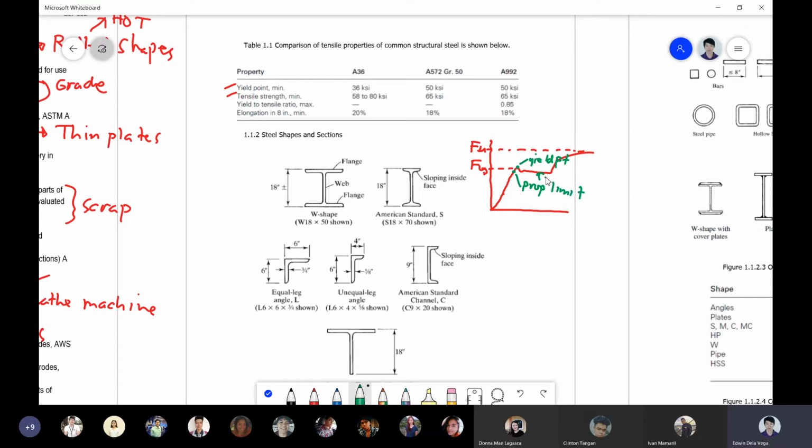Okay, you have the plastic stage. Okay, you call this the strain hardening. Okay, of course, this is the elastic stage, wherein the elastic modulus is defined in terms of your ratio of stress all over strain is equal to elasticity. Okay, that's one.